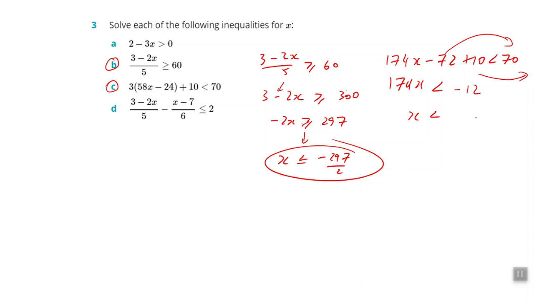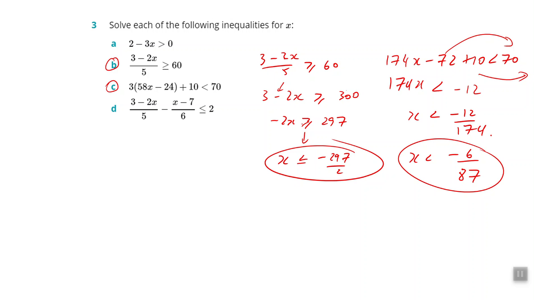And I'm dividing both sides by positive 174. You can simplify it further, because this goes into 174 eighty-something times, so 87 times, and that's your simplest answer.